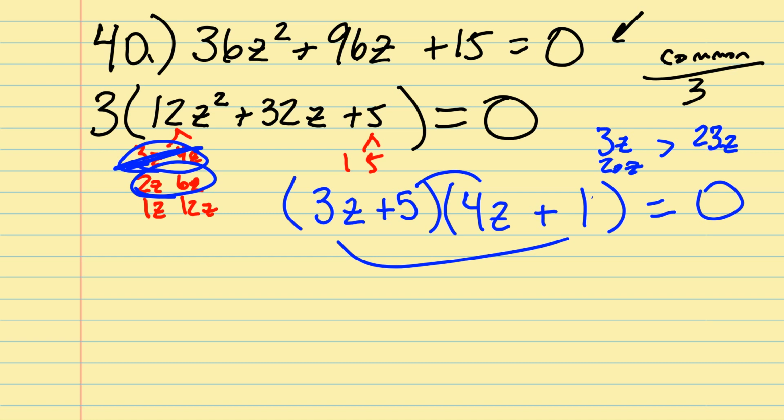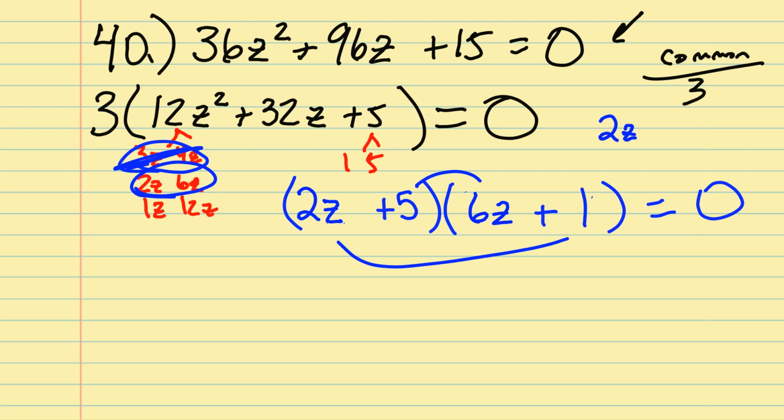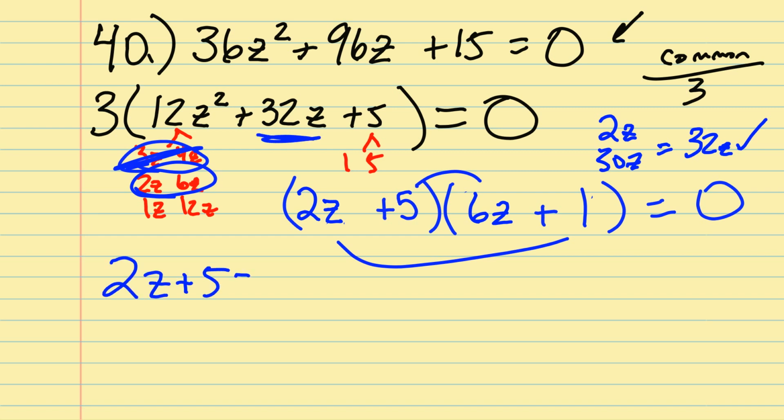So I'm going to try 2z and 6z. I do the outside, I get 2z. I do the inside, I get 30z. And that's what I want, 32z. So that means this works. So now I get to say 2z plus 5 equals 0, or 6z plus 1 equals 0.